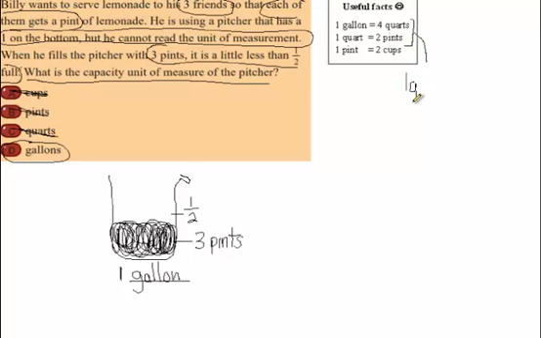How many pints are in 1 gallon? Think about combining those 2 facts. What number should go in here? If 1 gallon is 4 quarts and 1 quart is 2 pints, how many pints are in a gallon?